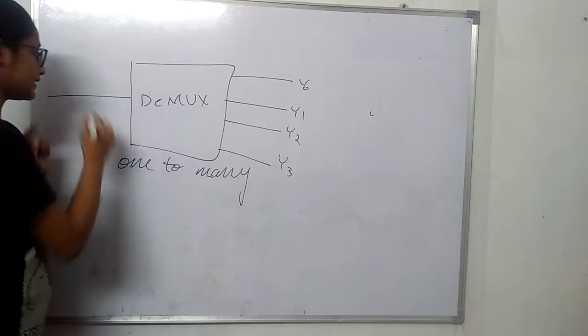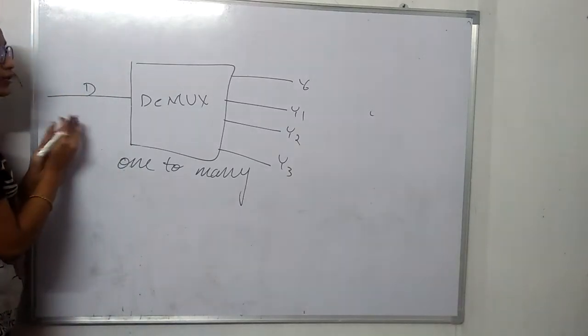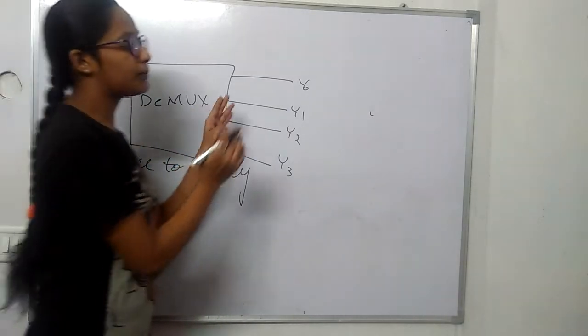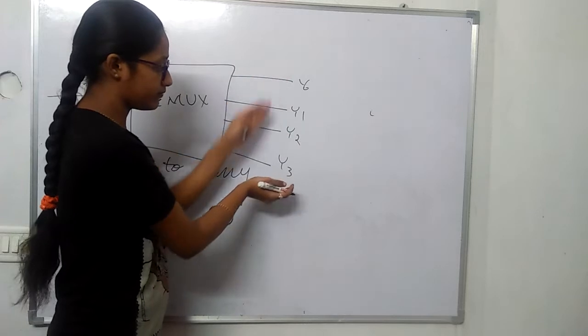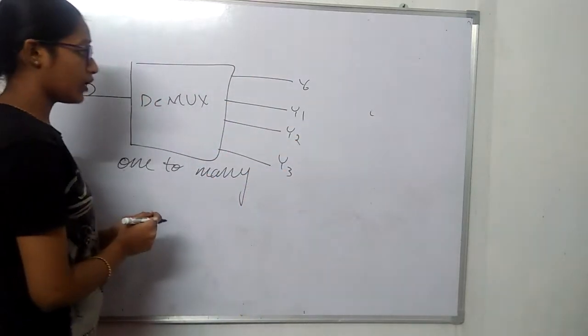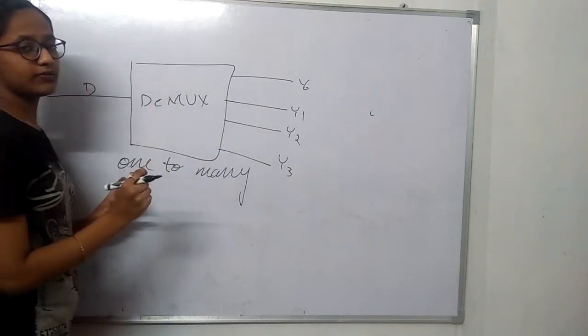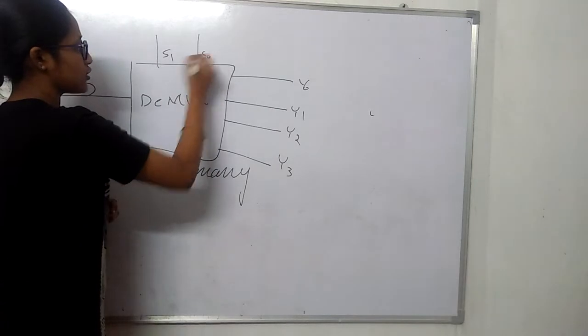I would like to send the data that I have here to a particular channel. So I have here Y0, Y1, Y2, Y3. Then how will you select that particular one? By selection lines S1 and S0.